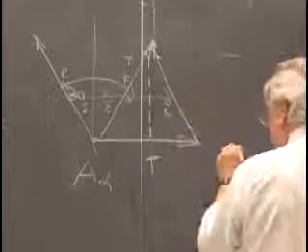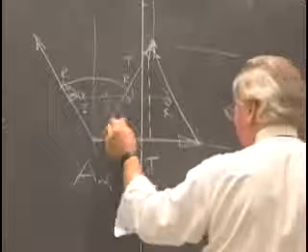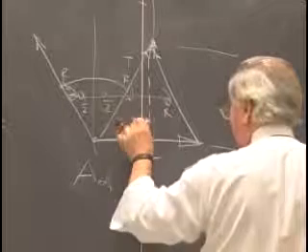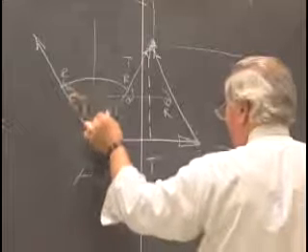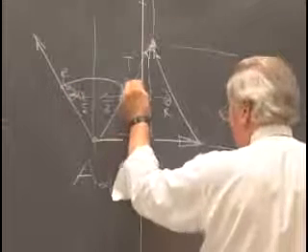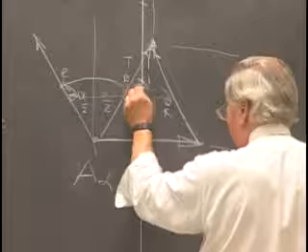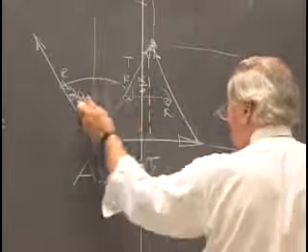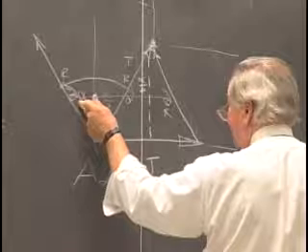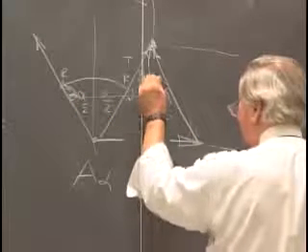And where is it going to be located? This line makes an angle of alpha over 2 with respect to the perpendicular to t. So that angle is also alpha over 2. This line and this line both make an angle of alpha over 2 relative to the normal to the translation.